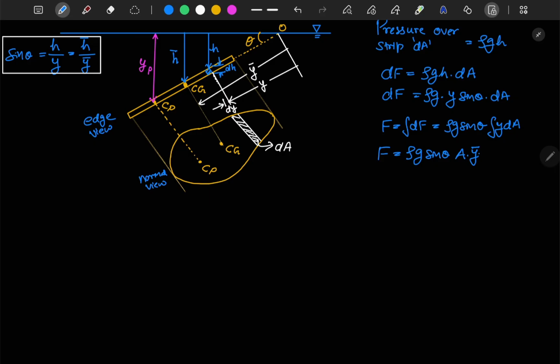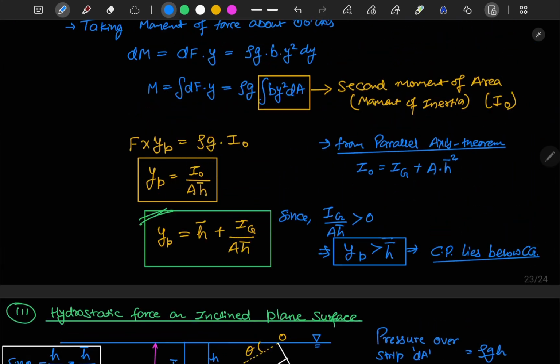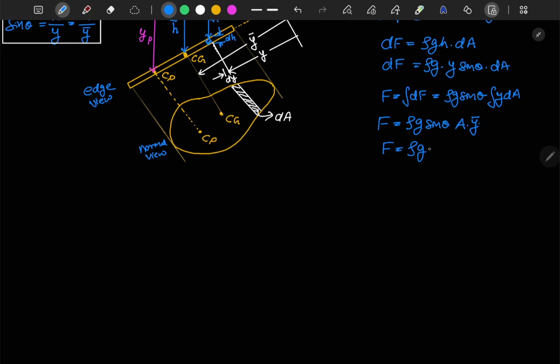If we solve this, we will obtain F is equal to rho g times A times, for y bar, h bar upon sine theta. So sine theta and sine theta will cancel out. This remains similar to what we wrote earlier: F is equal to rho g A h bar. Here again we have obtained rho g A h bar.